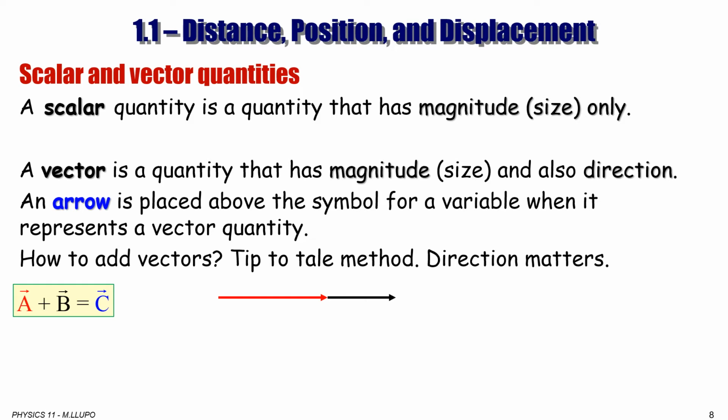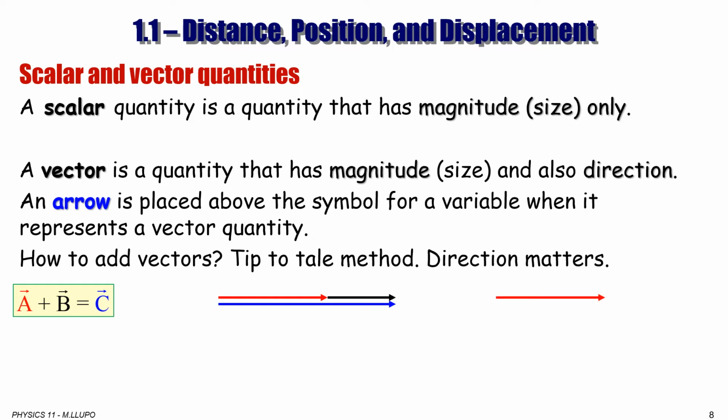So it's going to end at the tip of vector B, like this. As a matter of fact, direction matters, because you are not just adding two vectors together by magnitude only, but direction is very important.